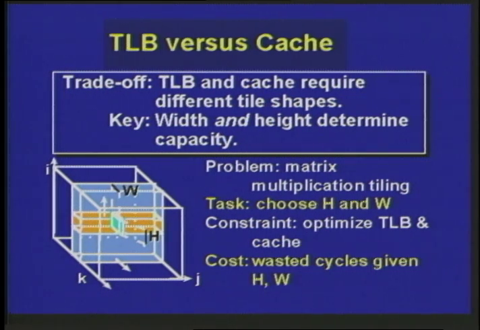In the lower left corner is the iteration space graph for matrix multiply. It's a triply nested loop, so it's a three-dimensional iteration space. What we're going to look at is choosing the height and width of that most deeply shaded block or tile, and we're going to look at strategies for doing that.